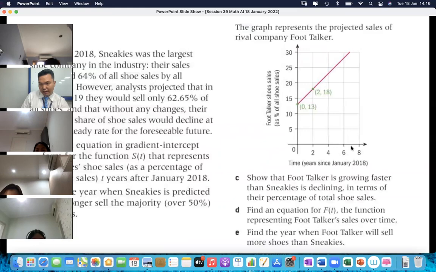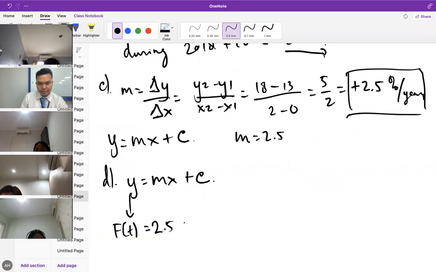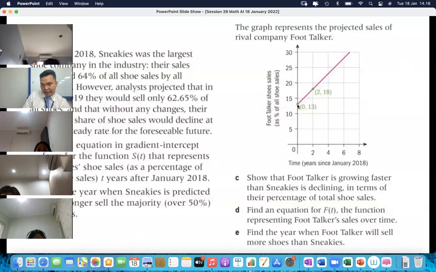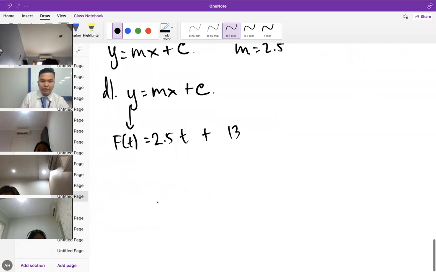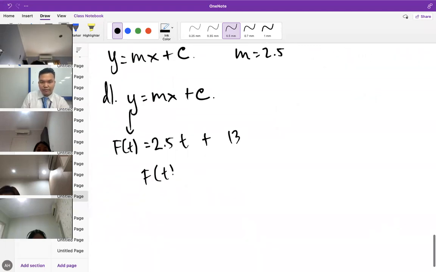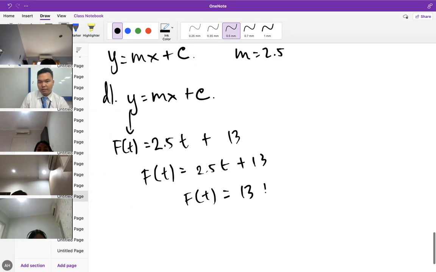Your x is in time, t, plus c, the y-intercept. The y-intercept here is 13. So plus 13. Therefore, the equation is 2.5t plus 13, or you can say ft is equal to 13 plus 2.5t. Either way, they are correct.